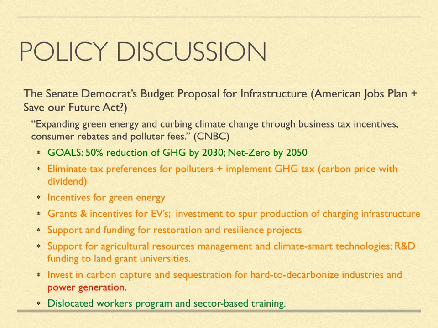When you look at the details in the proposal, eliminating tax preferences for polluters, implementing a greenhouse gas tax such as a carbon price with dividend, providing incentives for green energy, providing grants and incentives for EVs, support and funding for restoration and resilience projects, support for agricultural resource management and climate smart technologies, and so on, investing in carbon capture.